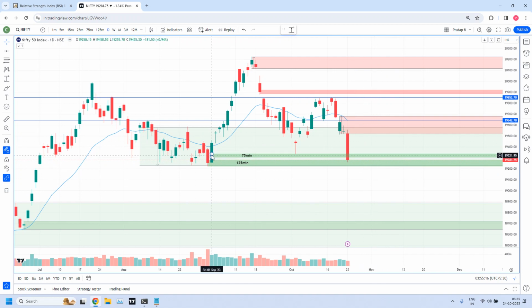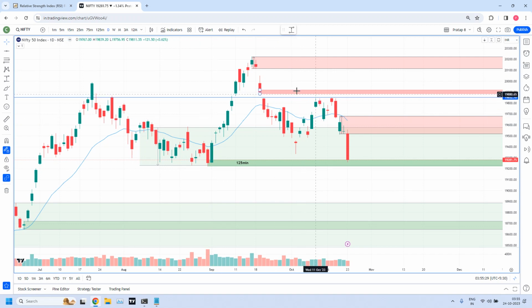Even this 75 minutes, let me remove. Now this is the latest status. And let me remove this horizontal line. This horizontal line was required because there was a gap there. We saw so many pending orders inside the gap, which we discussed a few days back. So now we have a supply zone: drop, base, drop.